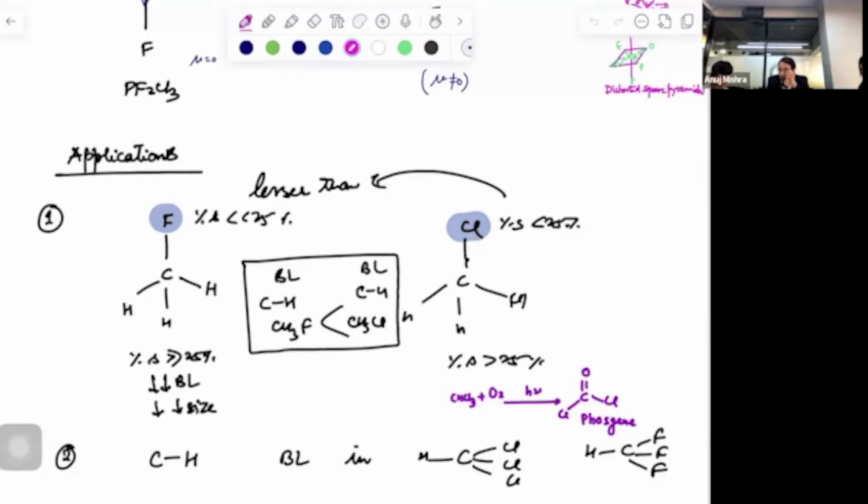CH bond length will be lower in CHF3, you are saying. Will be more in CHF3, you are saying. Okay, why? Because if the HF bonds are shorter than HCl bonds, then the CH bond would be longer in CHF3. Think once again.